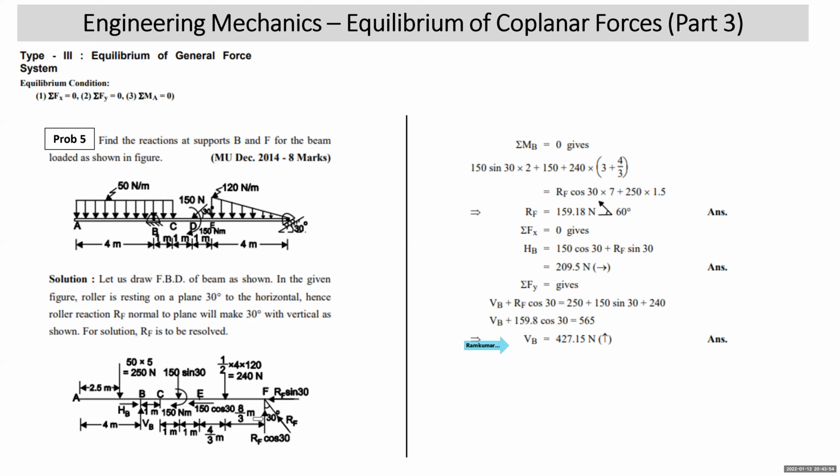In the 5 problems I have taken in this lecture on general force system, all were of beam reaction type, where we come across different supports like hinges, rollers and all, and different types of loads: point load, UDL, UVDL, external moments, and all that. We will be covering around 10 to 12 more problems on the general force system in my next lecture.